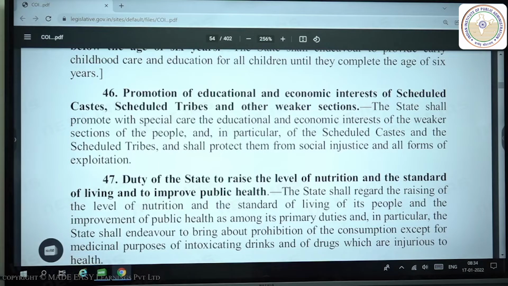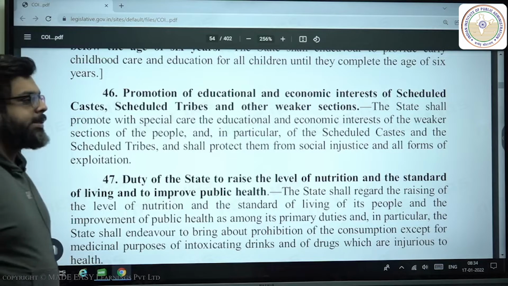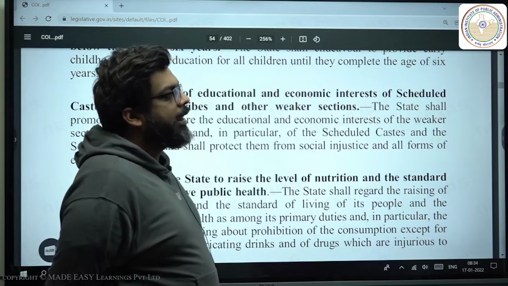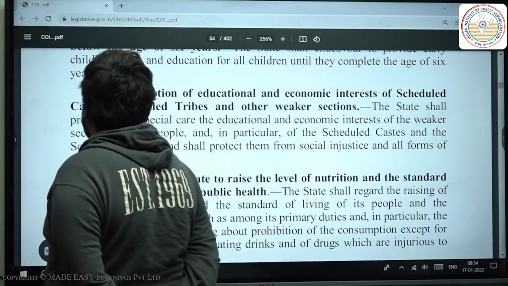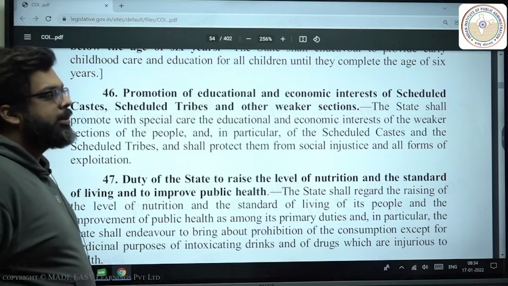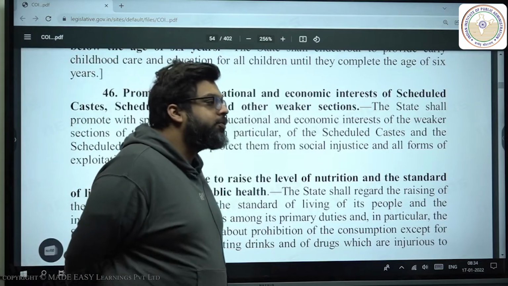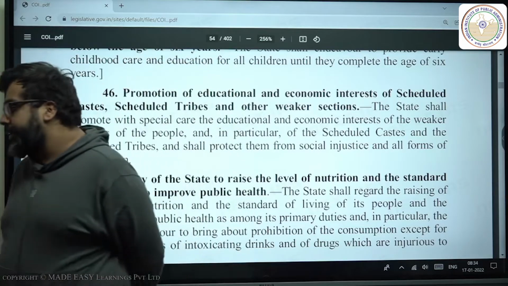Okay? Now, through an order issued by the government of the state of Madras, reservation is implemented for these 330 seats, not only for the students who were domiciled in Madras, but also for students who are coming to study in Madras from other parts of the country.